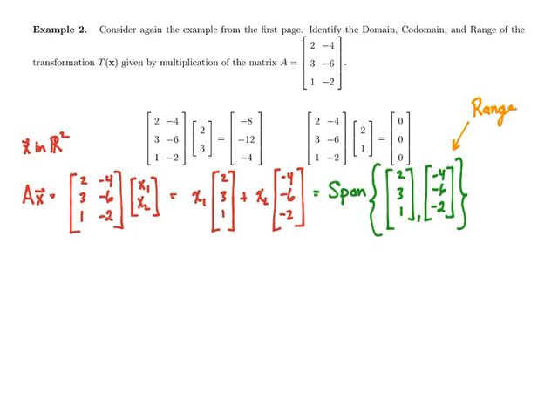Note that in this example, since -4, -6, -2 is -2 times 2, 3, 1, it's a constant multiple of the other, then we can say that this is actually just the span of one of those vectors, and we'll take the easier one to deal with, 2, 3, 1.